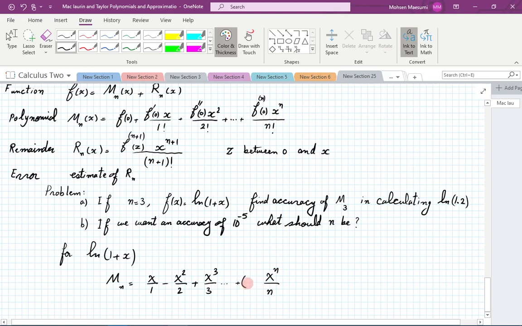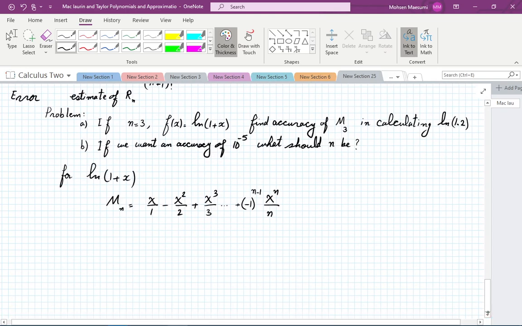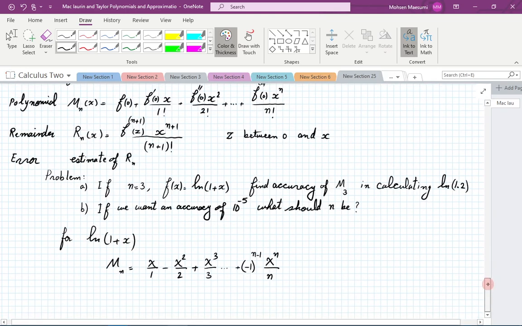Well, here is one way to resolve it. If n is even, we have to subtract. If n is odd, we have to add. And one way to handle that is to write this as, say, minus 1 to the power of n minus 1. Always use that to check the first couple of entries to make sure that everything is working right. Okay, this is the Maclaurin polynomial.